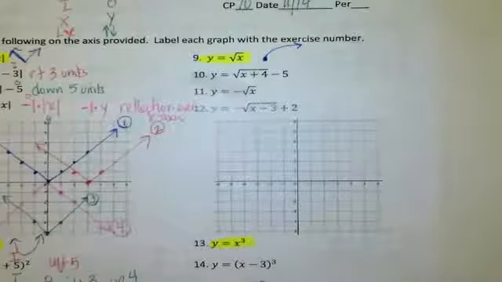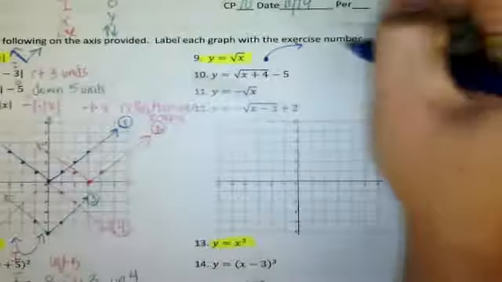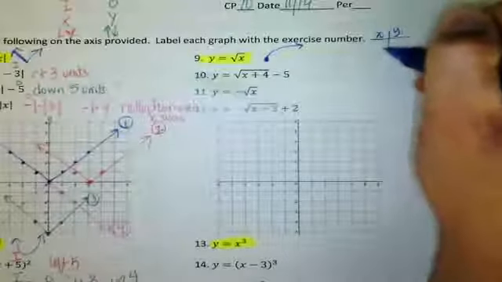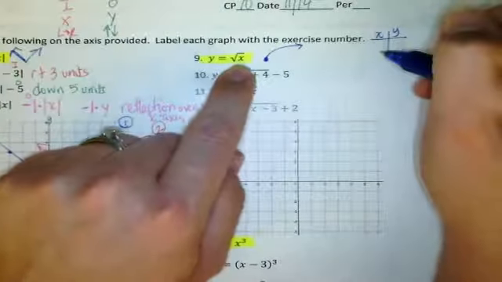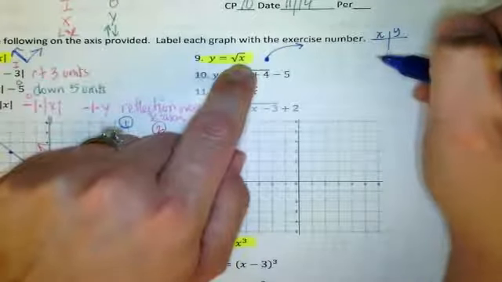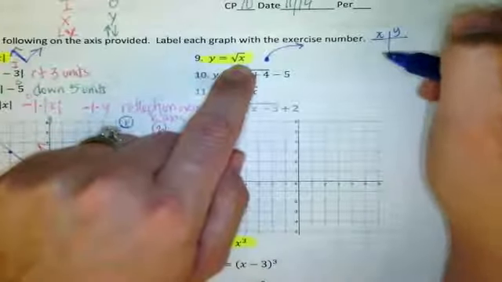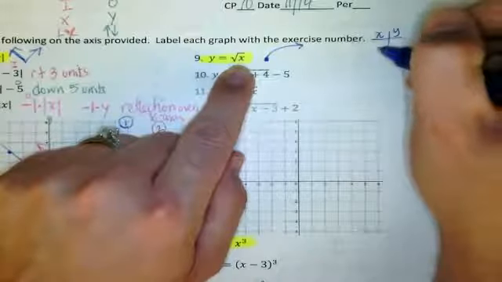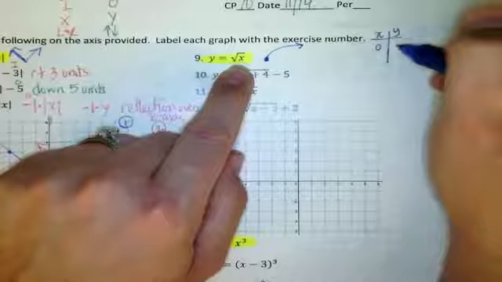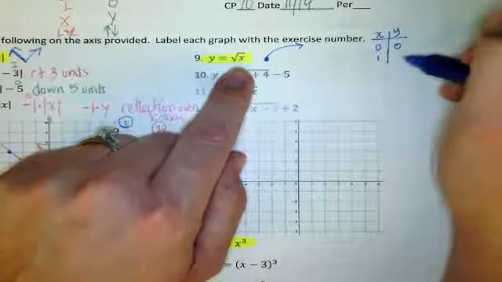So let's go through the points. Again, you can always find what values they are by plugging in numbers for x. Can I plug in a negative number for x? If I want to get imaginary solutions, I sure could, but that won't help me graph. So I could plug in 0. What's the square root of 0? 0. And I could plug in 1.